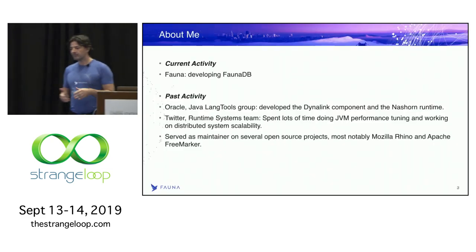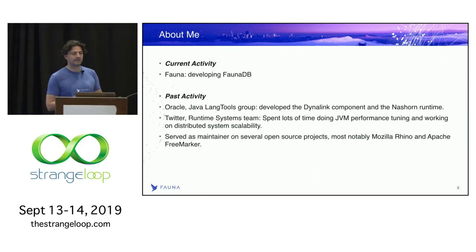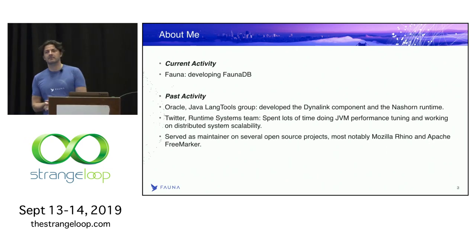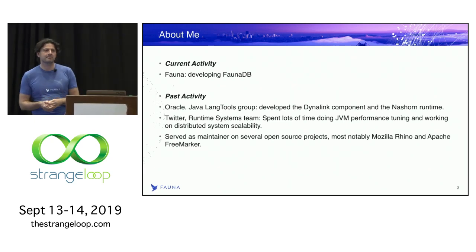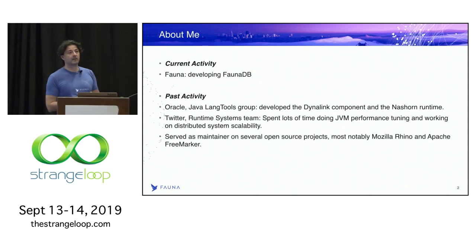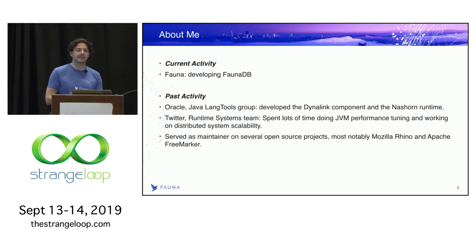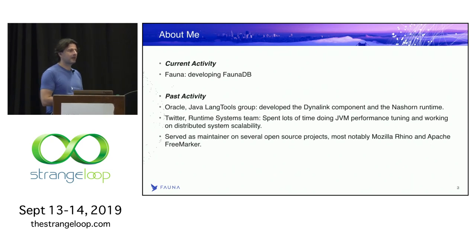So first, just a few words about myself. My name is Attila. I am currently serving as senior software engineer at Fauna, and I'm working on FaunaDB, which is our distributed and yet ACID-compliant database, which I will be talking to you about. In the past, I've been doing a lot of things.